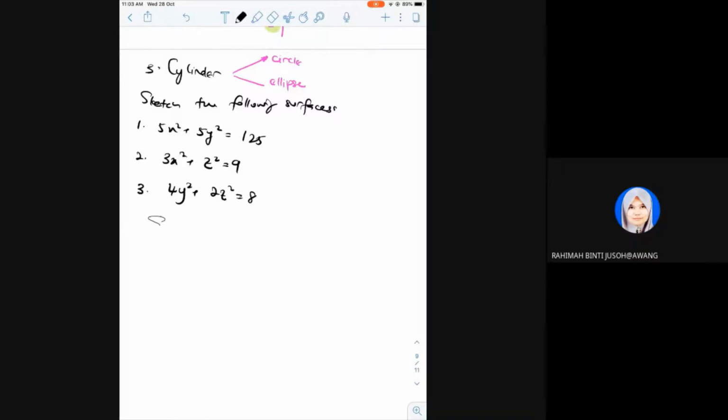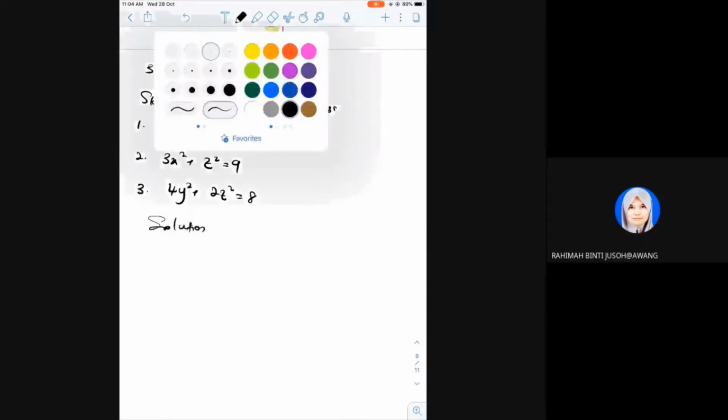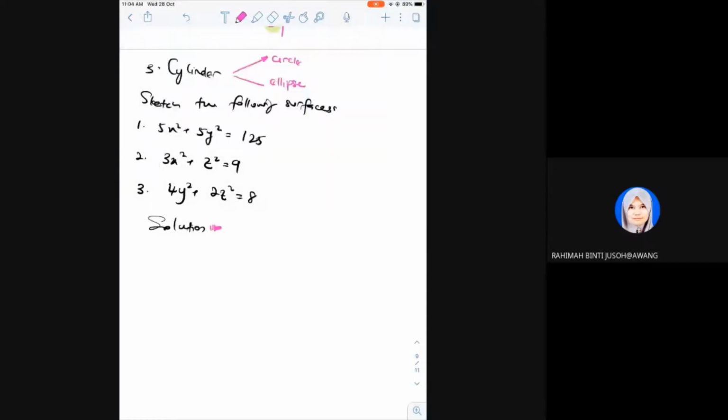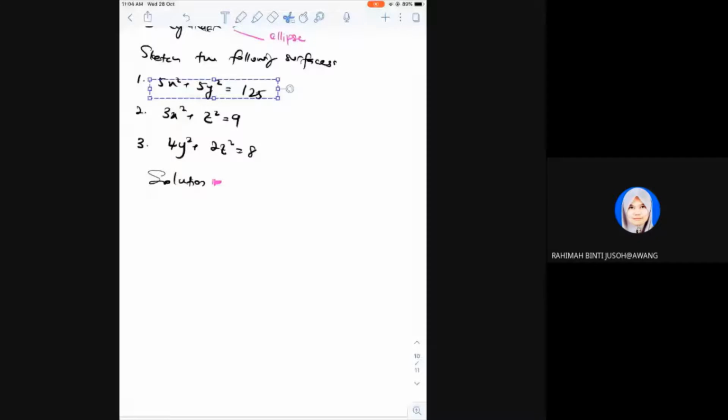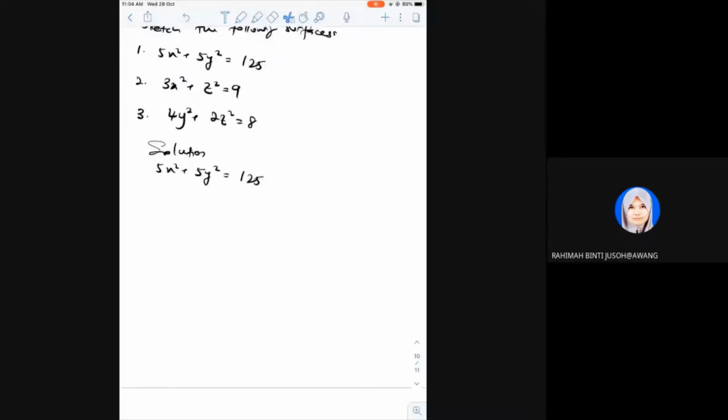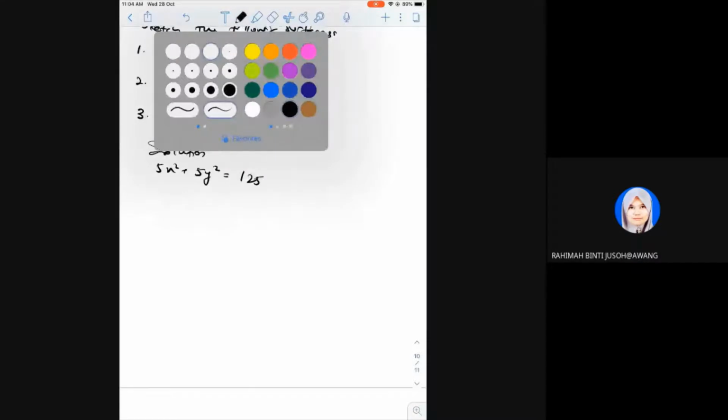Solution, question number 1. Okay, now in order to find the radius, what you should do is you just divide everything by 5.